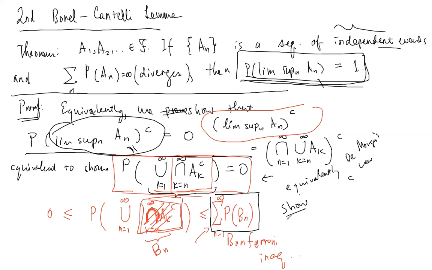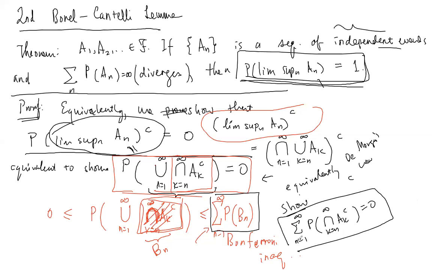So after we establish this equivalence, we basically just need to show that the sum of P(B_n), I'll just write it back like this, is equal to 0. We just need to show this.